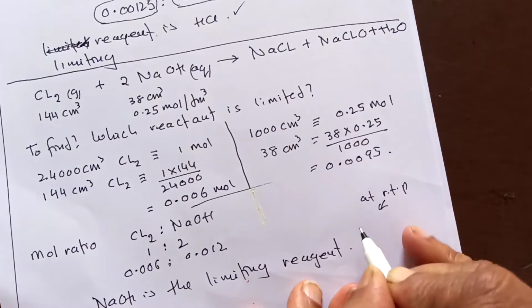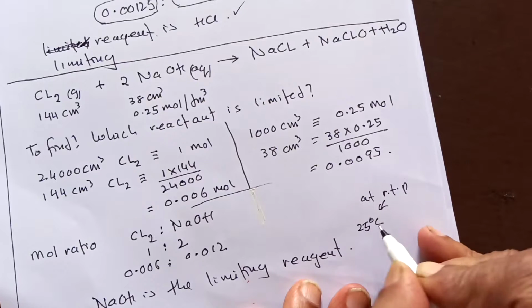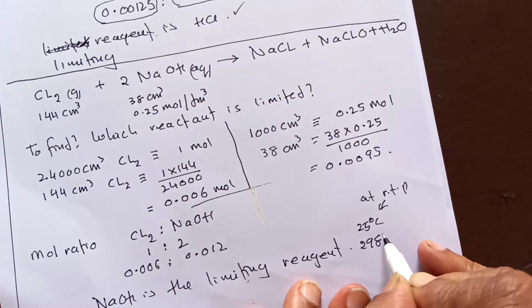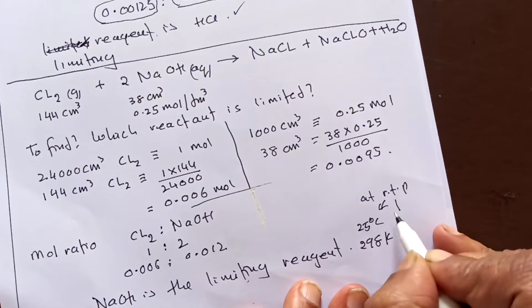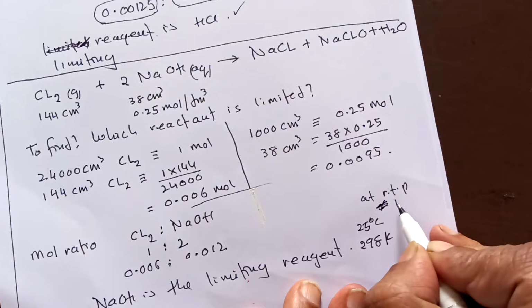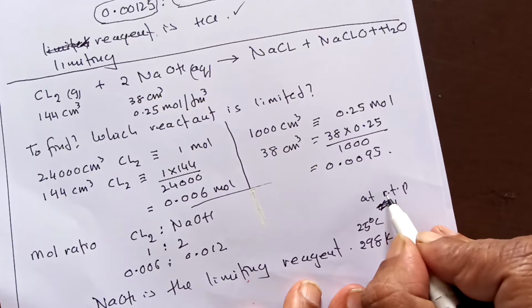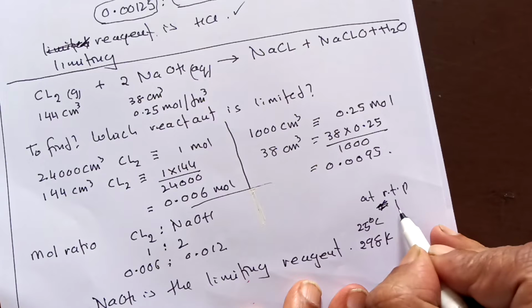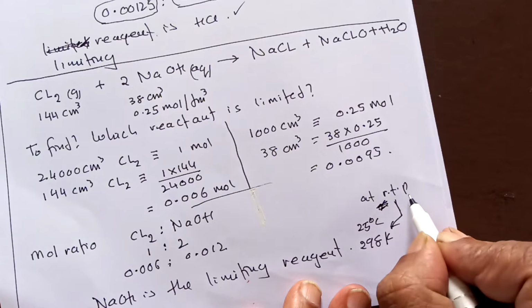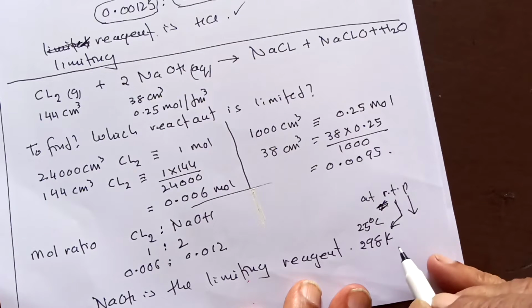At RTP means 25 degrees Celsius or 298 Kelvin.